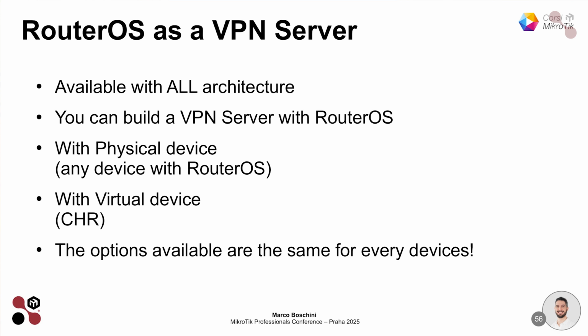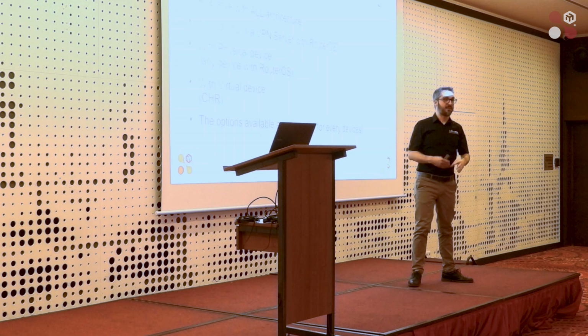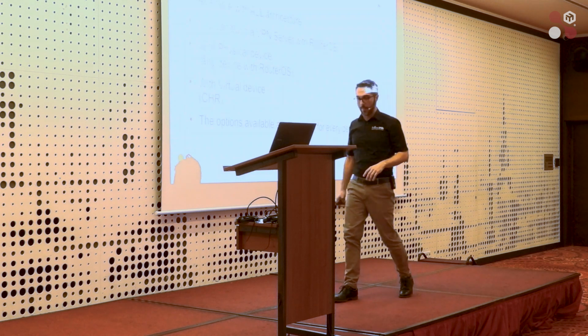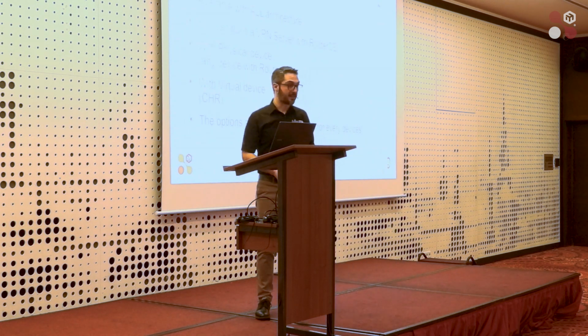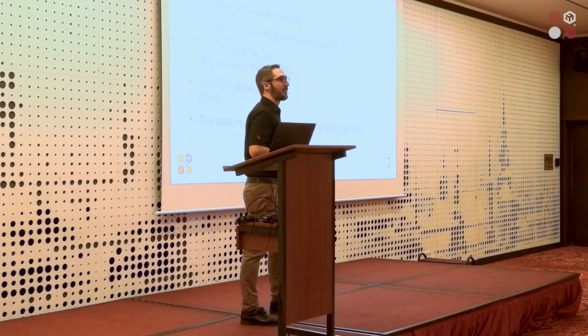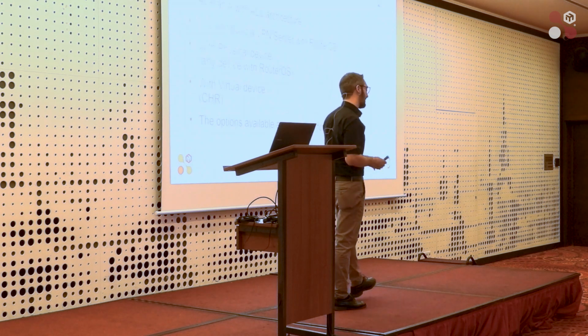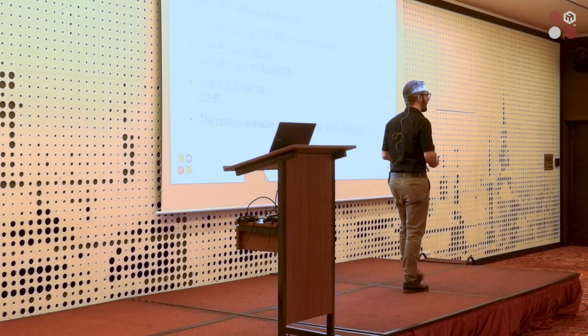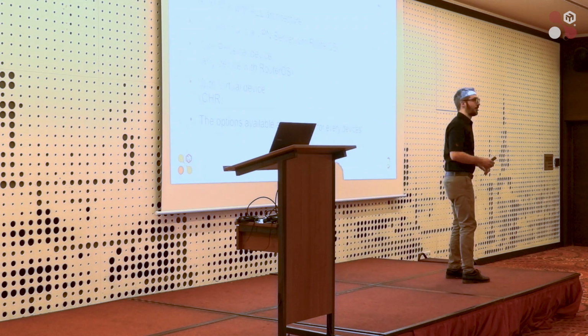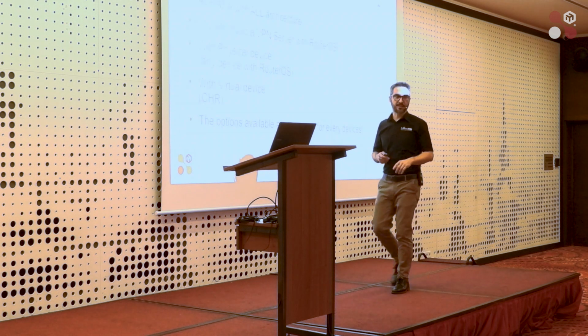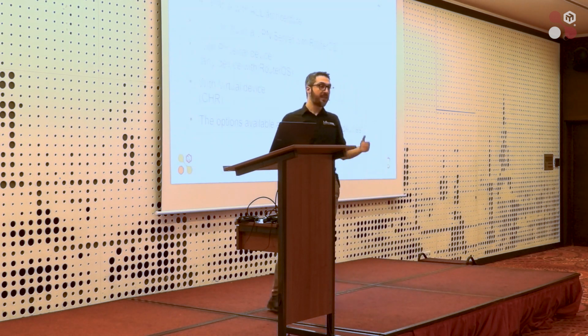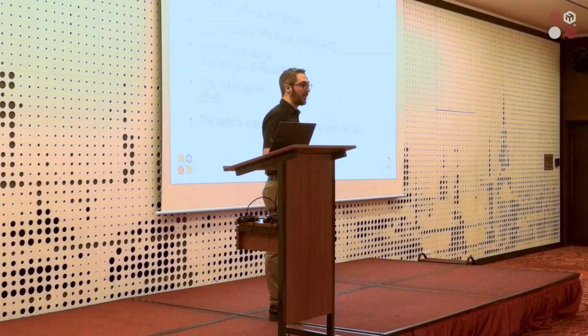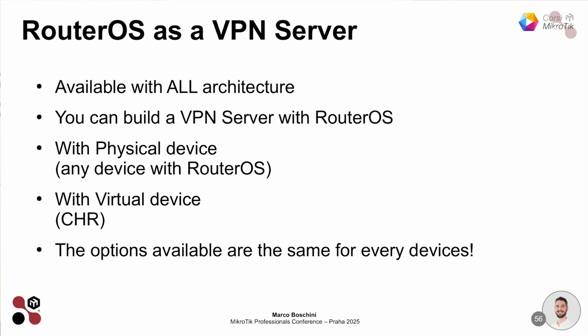But this technology is available only for some types of architecture, and starting from some version of RouterOS. I have a lot of customers with RouterOS version 6 or with SMIPS or MIPS architecture. With RouterOS as a VPN server, it is available with all of the architectures.